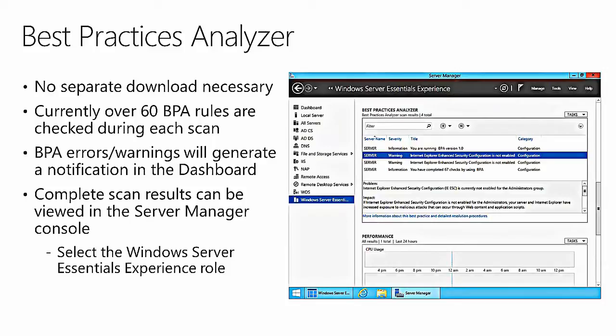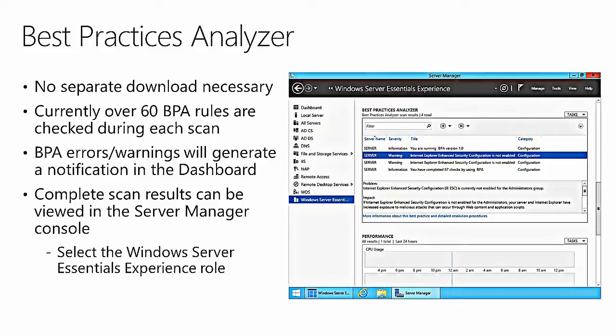We have over 60 rules that are checked during each scan of the BPA to let you know what's going on. These have actually been refined and consolidated from the past. So there used to be more and maybe a little bit more noise in terms of what information you really needed. So we continue to both expand and shrink the set of rules and refine them to really hone in on what is important for you to maintain a healthy system.